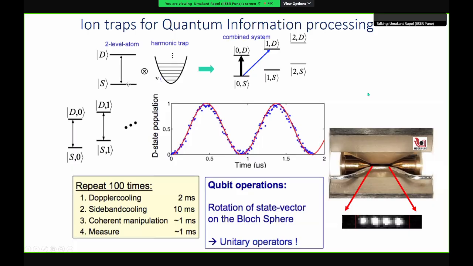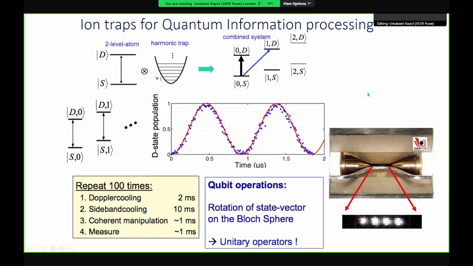Now, if you shine light continuously on this S and D transition, you change the population from 0 to 1 to 0 to 1 and so on. So these are the Rabi oscillations that one talks about. If I apply a pulse of light only for, say, half a microsecond, then I completely flip the Bloch vector from one pole to the other pole, which is basically applying a pi pulse.